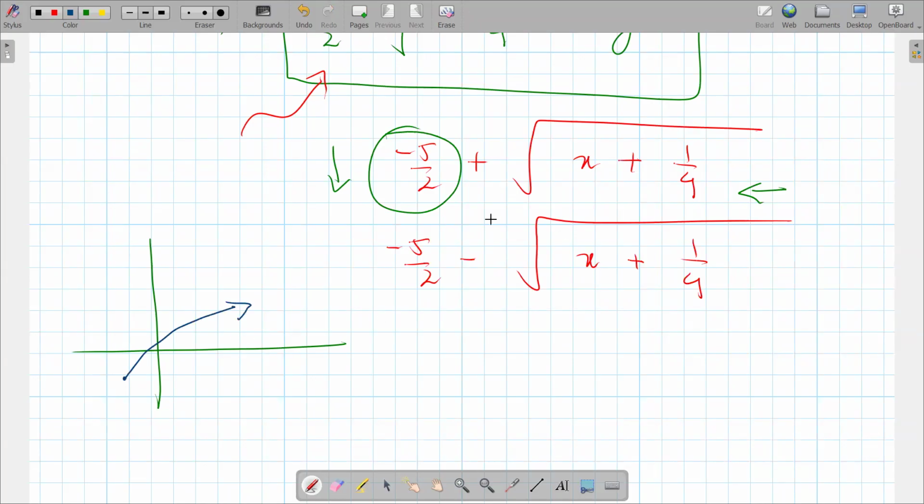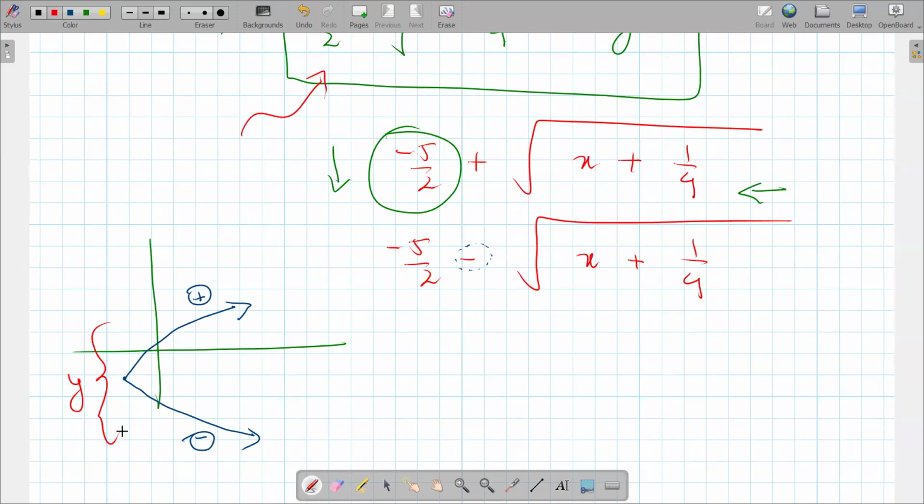What's the difference between the top and the bottom function? The difference is that the a value is -1, which means it's a reflection on the x-axis. So instead of going up like this, it's going down like this. This is the negative, this is the positive. But obviously, both of these make up y. Y is a combination of both of these.